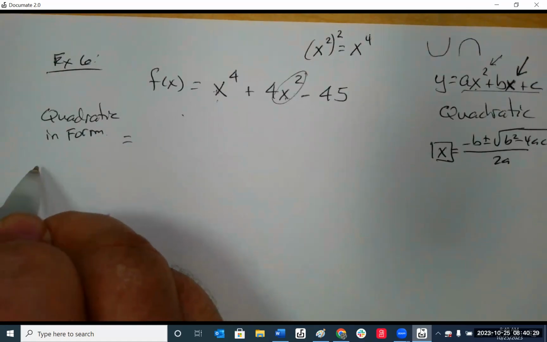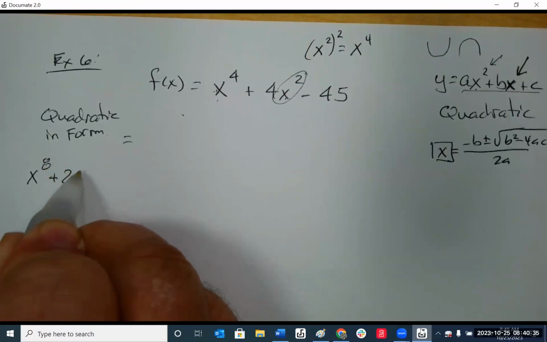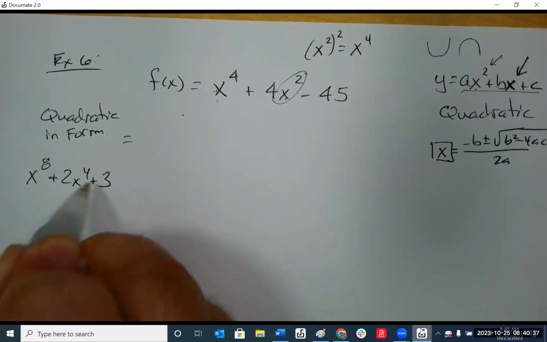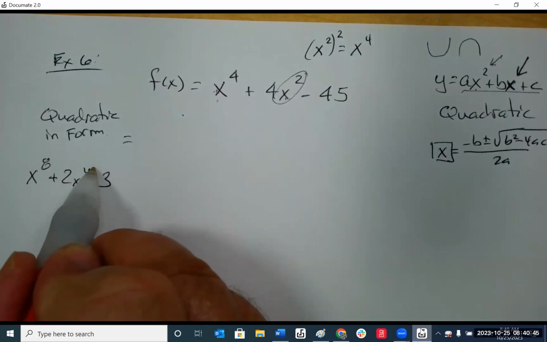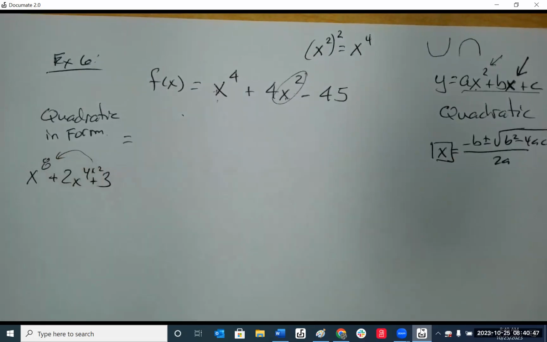So if we had x to the eighth plus 2x to the fourth, is this one quadratic in form? Yeah, because if we square this one, we get that one. So that's quadratic in form.